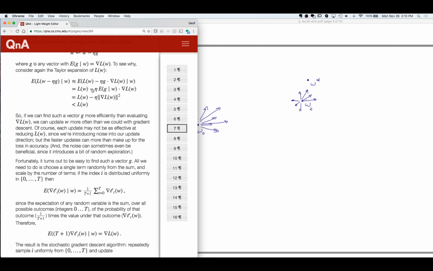To pick one term and take only its gradient, that will still, on average, decrease our loss function, right? So the difference between iterating over all of our training data versus selecting a single index randomly, that's the difference between plain gradient descent and stochastic gradient descent. And like I said, stochastic gradient descent can often be a lot more effective than plain gradient descent, just because it's so much faster to compute the stochastic gradient.